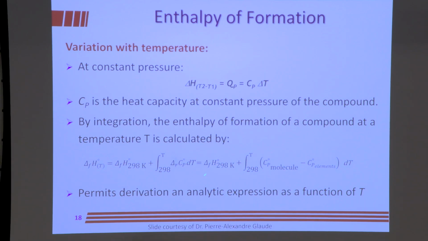So that's equal to the heat of formation at 298 plus the integral from 298 to T of Cp of the molecule minus Cp of the elements times dT. Okay, so it's just saying you can derive the enthalpy at any temperature by knowing the enthalpy at 298 Kelvin and integrating Cp dT, which is what we had already.